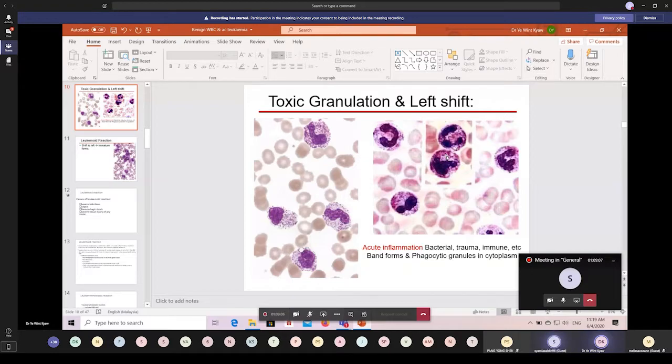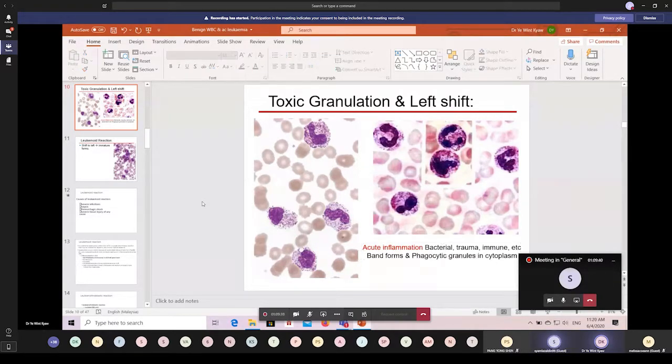Because of the neutrophil killing mechanism, they need to secrete granules and cytokines. Toxic granulation means an increase in big granules, one type of reaction in very severe infection. You can see toxic granulation like this only. Phagocytic granules in the cytoplasm.